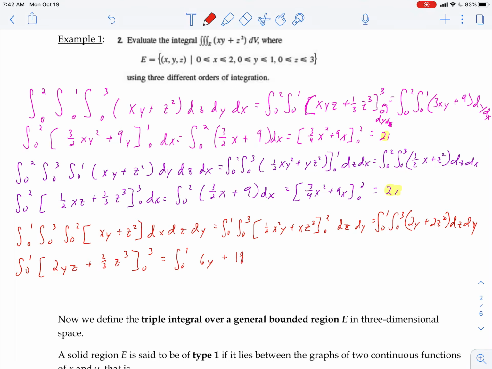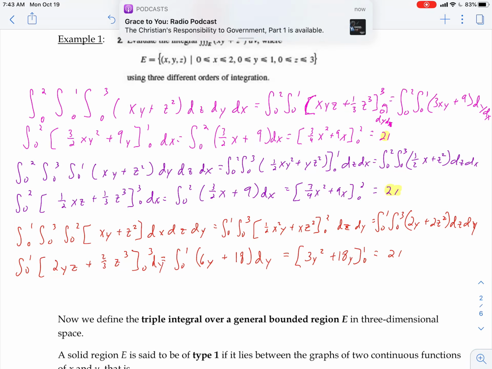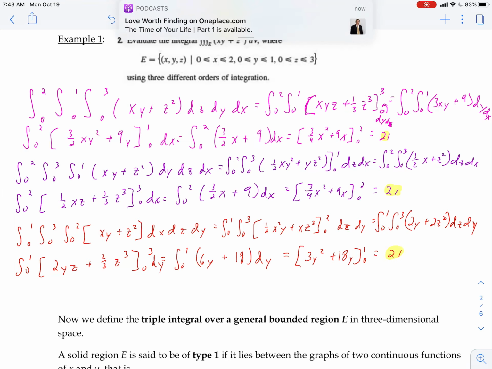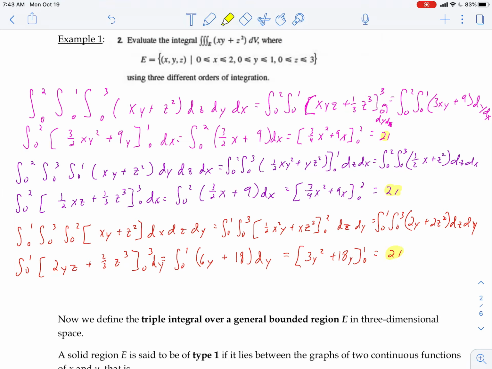And that's going to give us the integral from 0 to 1 of 6y plus 18, and don't forget my dy. Then last, integrate with respect to y, so divide by 2: 3y squared plus 18y, and yes, that's going to give me that 21. All right, and that's it.